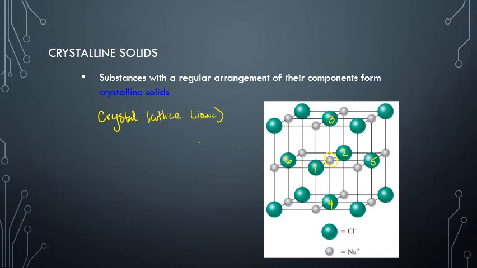And so as a result, in order to melt this compound, we have to break each of those 6 bonds between those different ions. And so that's why the ionic compounds have such very large melting points and boiling points, because it takes so much energy to break apart all those interactions.